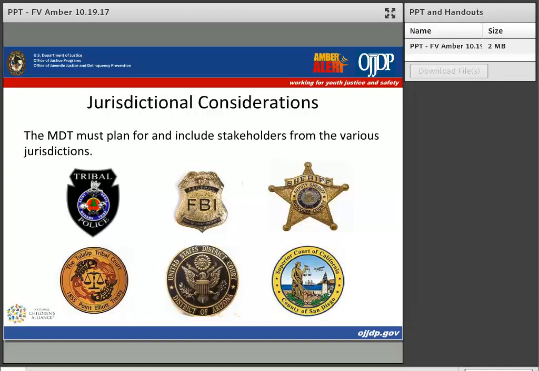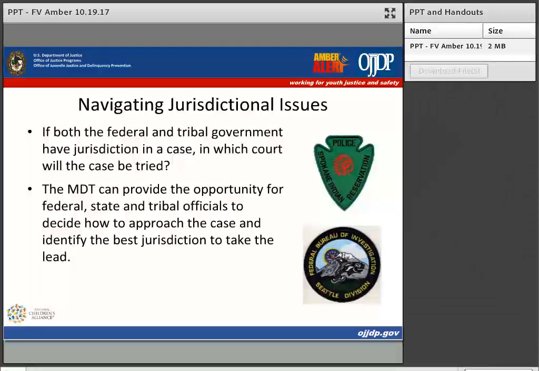When you're looking at jurisdictional issues on a crime that occurs on tribal lands, it could be any number of agencies that have primary jurisdiction. You have to create a plan ahead of time that allows the MDT to be part of the process of helping with that case no matter what jurisdiction or agency carries on with the case.